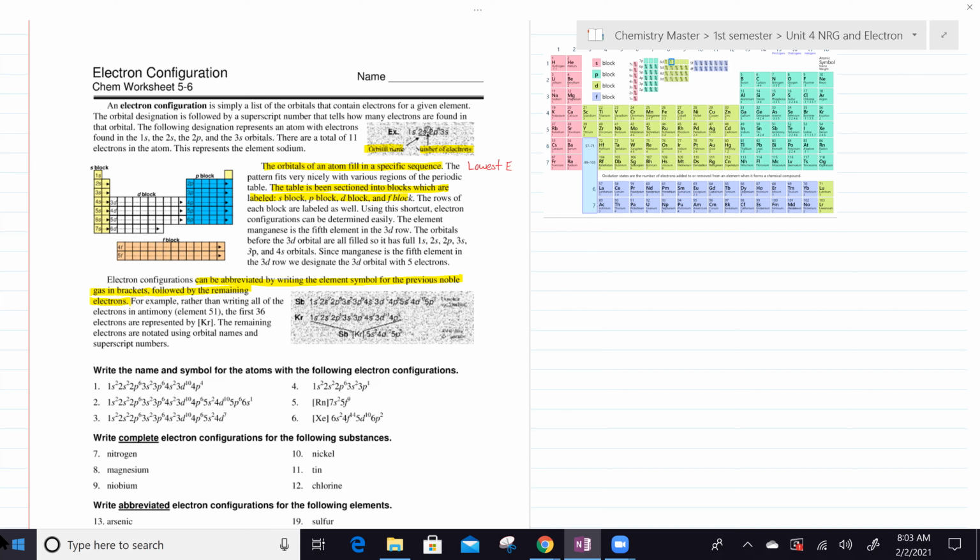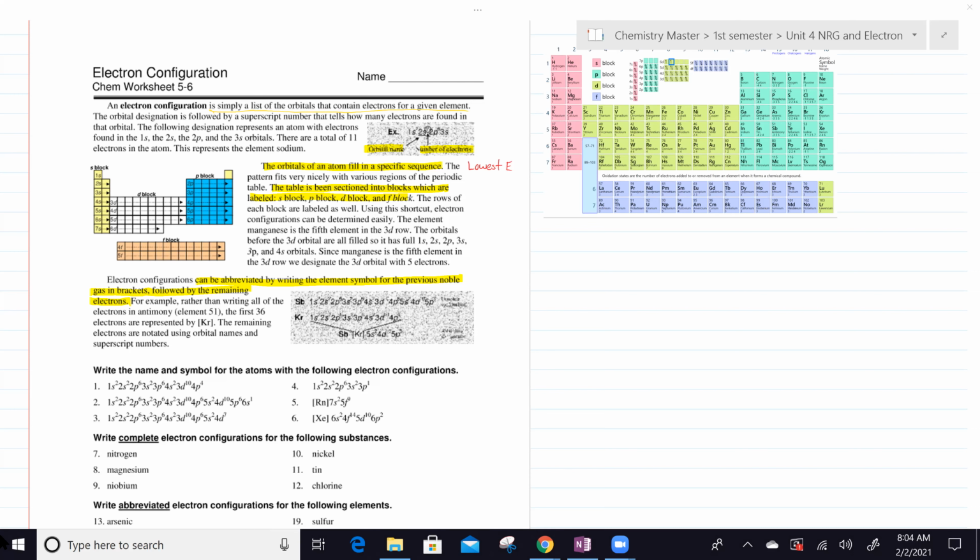So this very beginning sentence here says, let me annotate while I'm doing this, okay? All right, so I'm looking right here. It says an electron configuration is simply a list of the orbitals that contain electrons for a given element, okay? So we haven't really talked about orbitals, but we're gonna talk about that right now, okay?